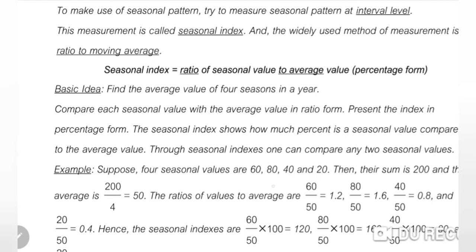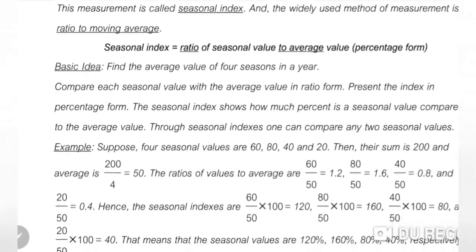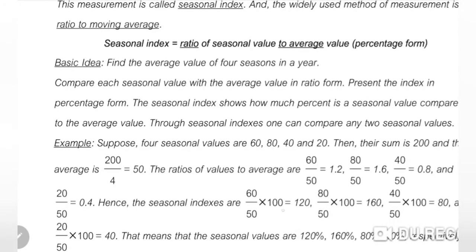Then what is their mean? Their sum 200 divided by 4 is 50. So the first season value 60 is how much more than the average value? 60 divided by 50 is 1.2. In percentage form, 120%. That means season 1 value is usually 20% more than the average value.